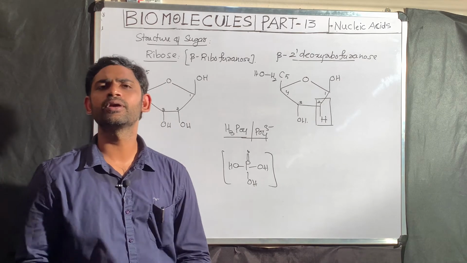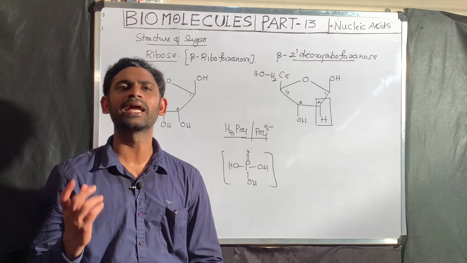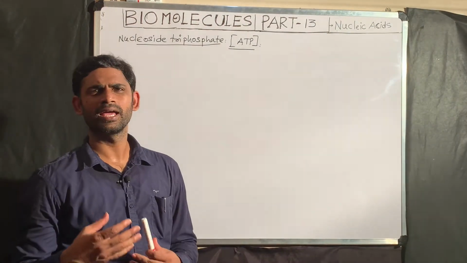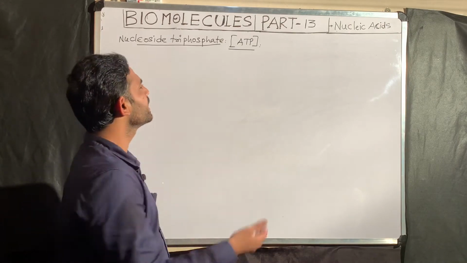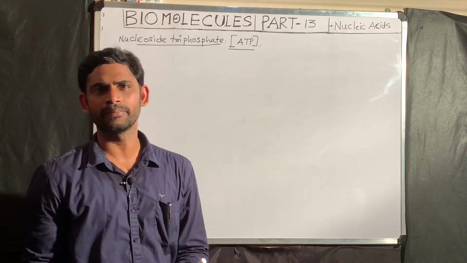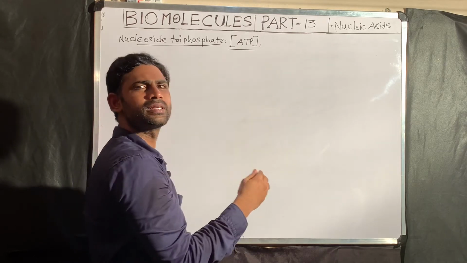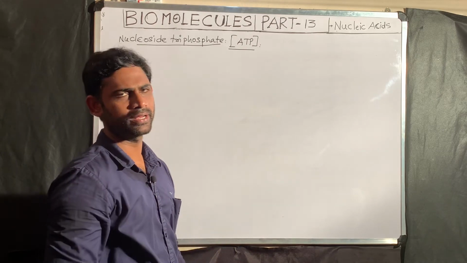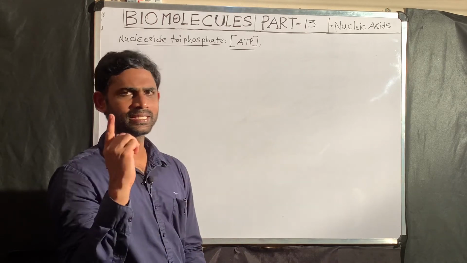Next, I am going to explain the general structure of the nucleotide. I am going to explain the general structure of nucleoside triphosphate by taking an example, that is ATP. I will make you understand. Here, ATP, what is the full form? Adenosine triphosphate. First we need a nitrogen base, in the case of ATP that is adenine.